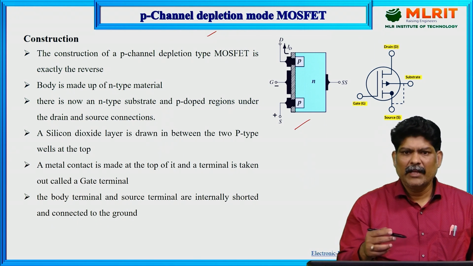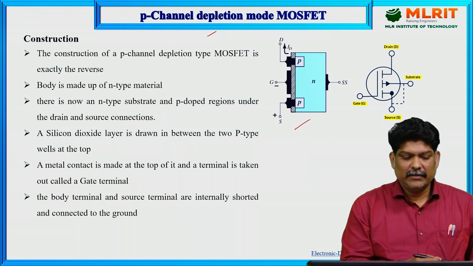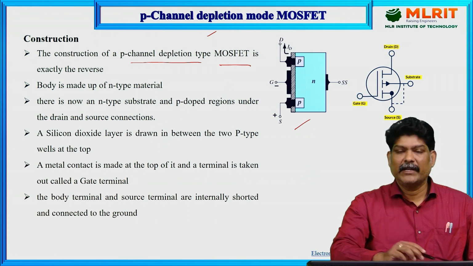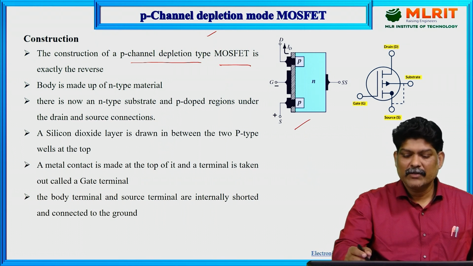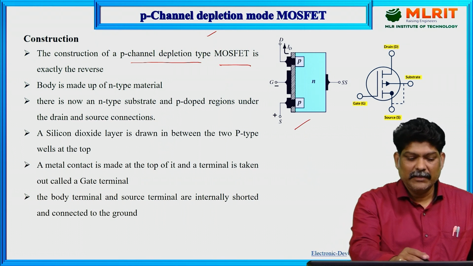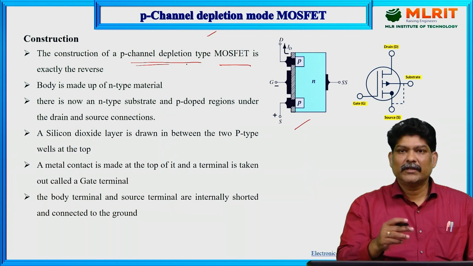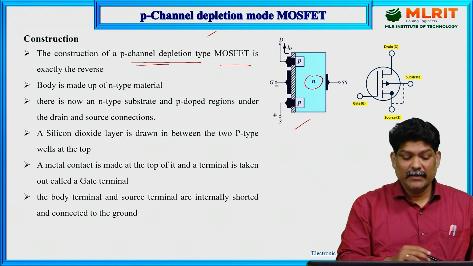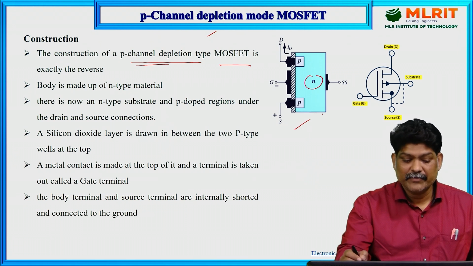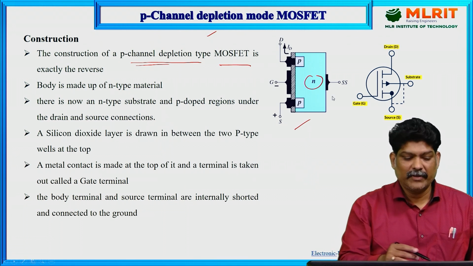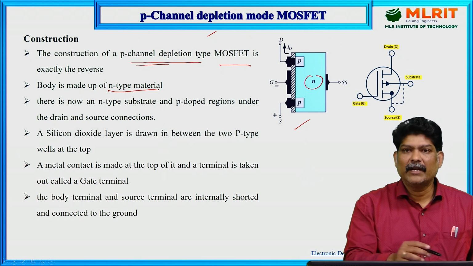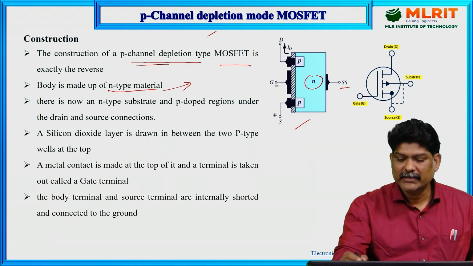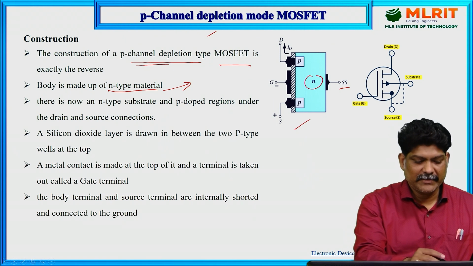In the N channel depletion mode MOSFET, the substrate is P type, whereas in the P channel depletion mode, the substrate is N type. So this is your substrate. If you observe, the substrate is made up of N type semiconducting material, and the terminal is termed the substrate SS.